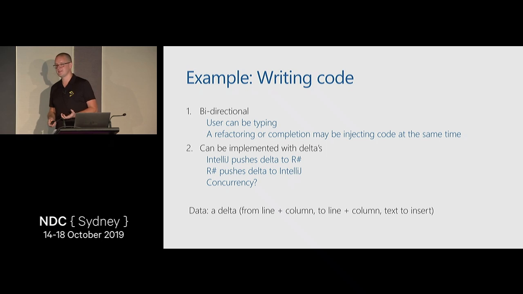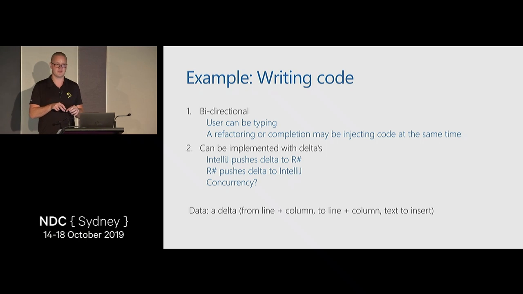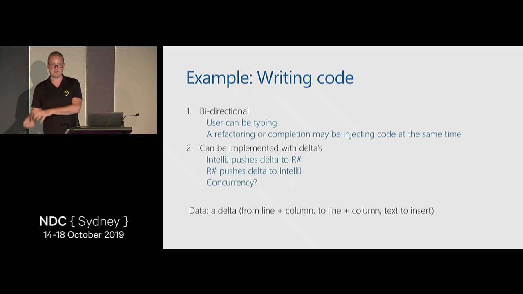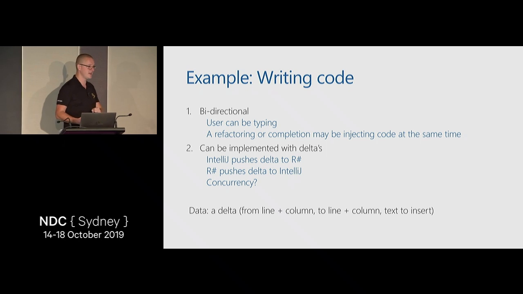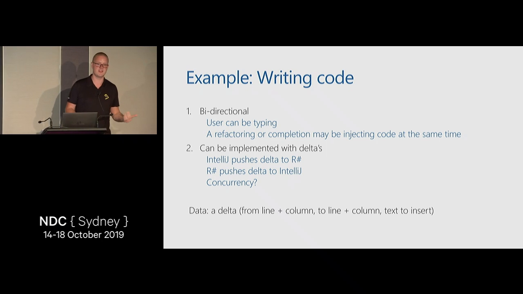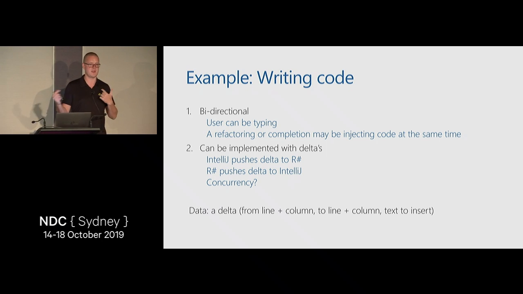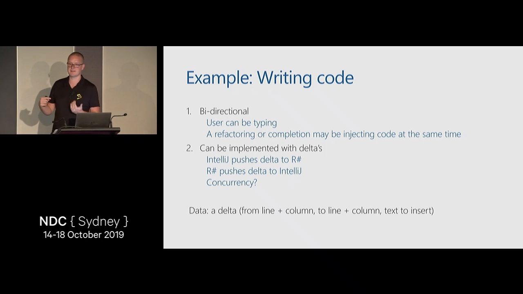When writing code, that's a bidirectional thing. You're writing code in the editor in IntelliJ, but you're also kind of writing that code on the Resharper side, because Resharper can provide suggestions and code completion and all of those things. You're writing here, but Resharper may complete the statement and publish it back to IntelliJ, right? So that's something that happens at the same time.